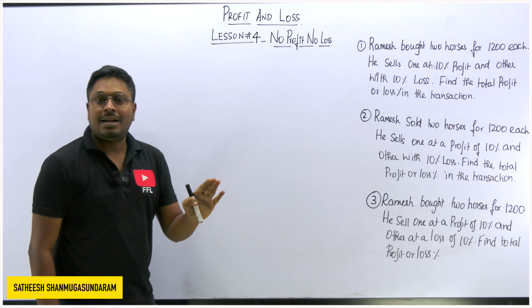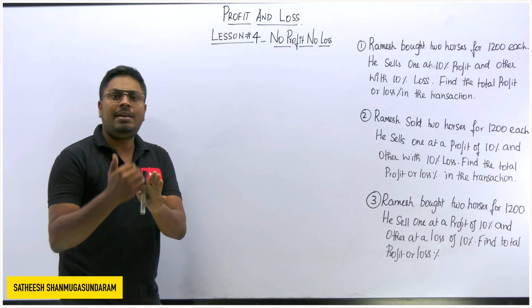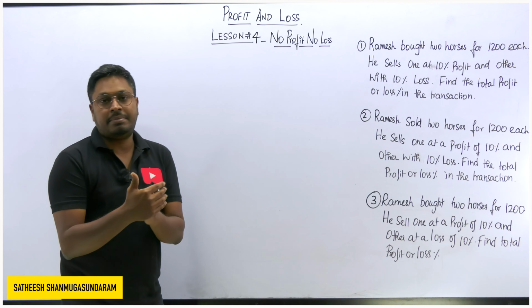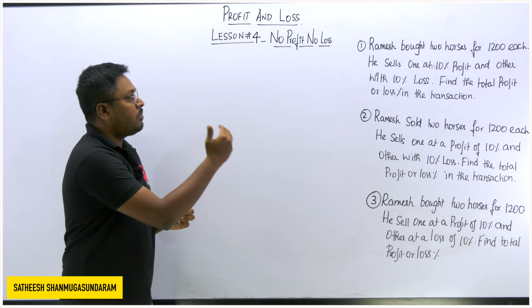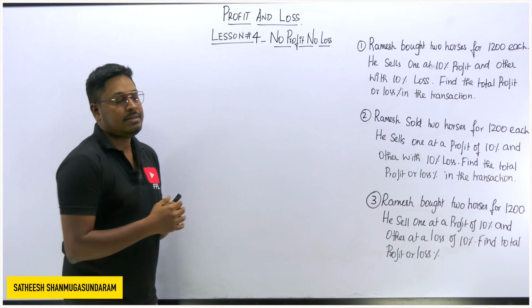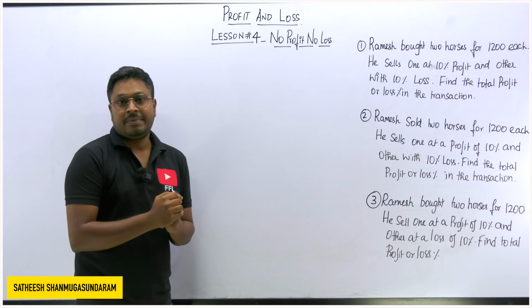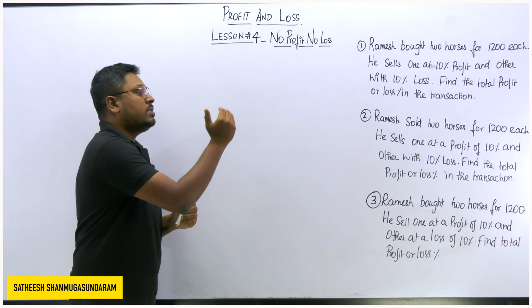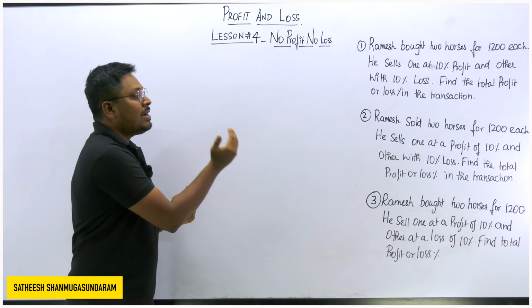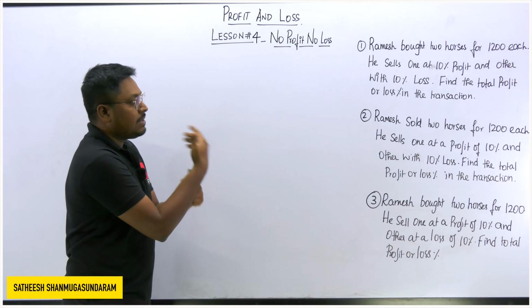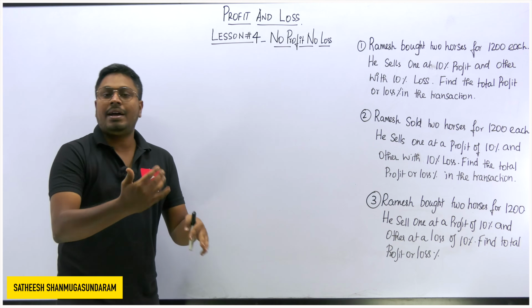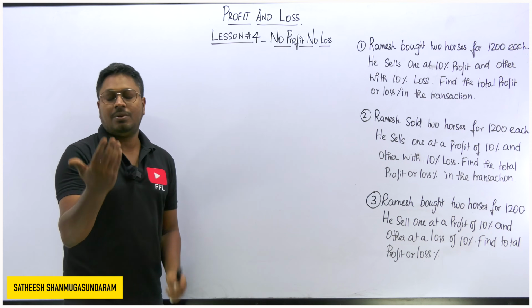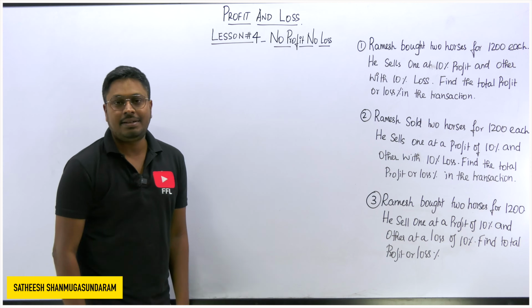He sells one at a profit of 10% and another at a loss of 10%. What is the overall profit or loss percentage in the transaction? Second question: Ramesh sold 2 horses for 1,200 each. He sells one at a profit of 10% and the other at a loss of 10%. Again, we have to find the total profit or loss percentage in the transaction.